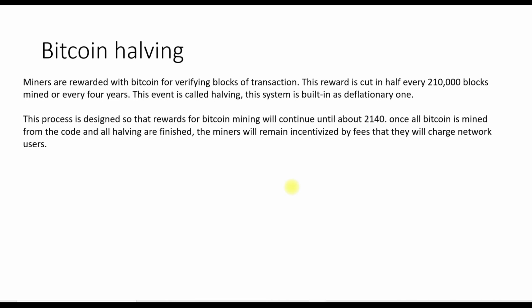This system is built in as a deflationary one, I guess. This process is designed so that the rewards for Bitcoin mining will continue until about 2040, once all Bitcoin is mined from the code and all halving is finished. Miners will remain incentivized by fees that will be charged to the network users.